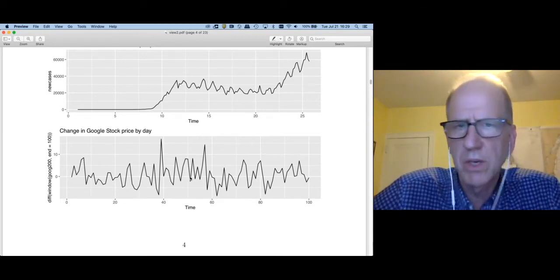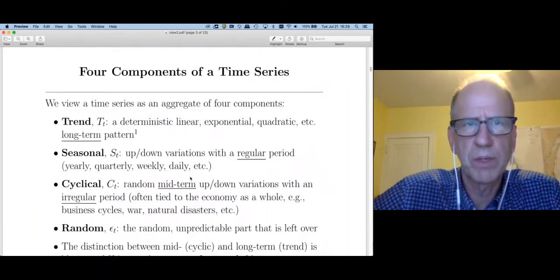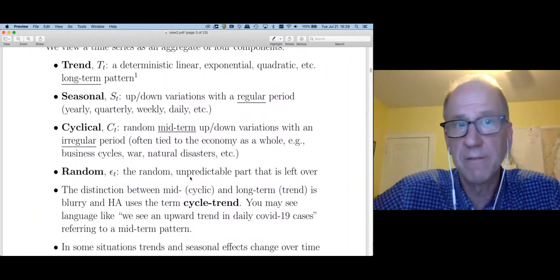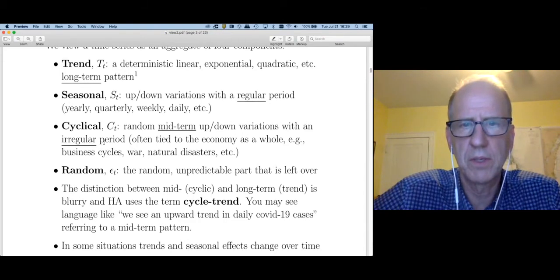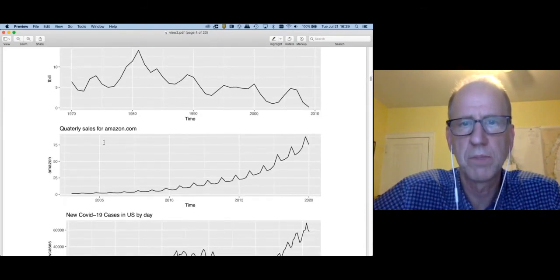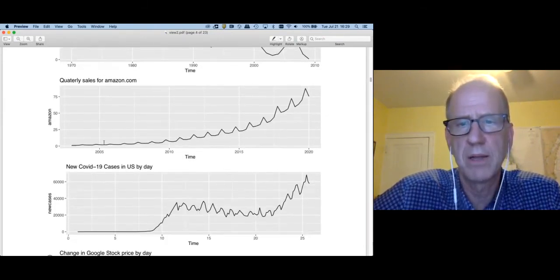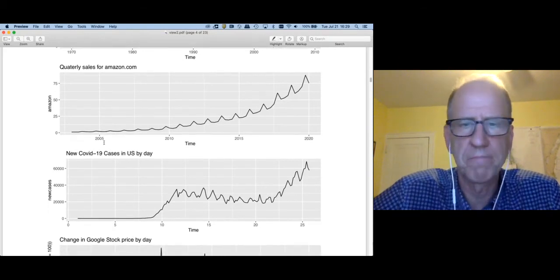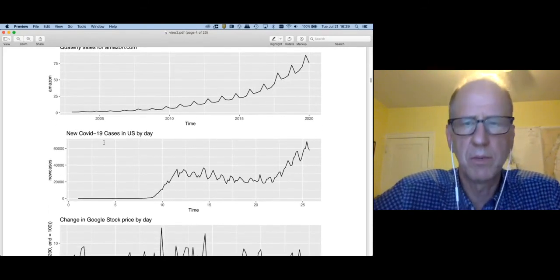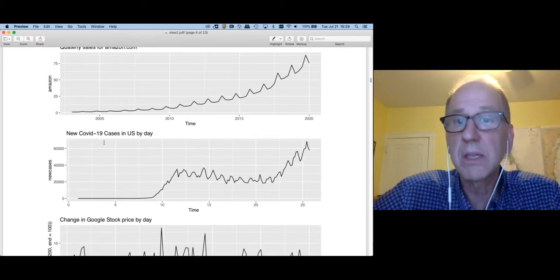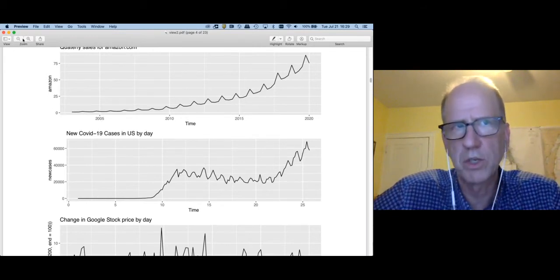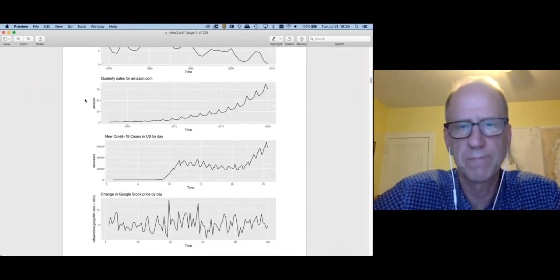All right, so what you should be able to do at this point is identify these 4 types of patterns in different plots. So trends, seasonal, cyclical, and then everything that's left is random. We're going to study some methods that will help us see these later on when we get to the decompositional methods and other models.